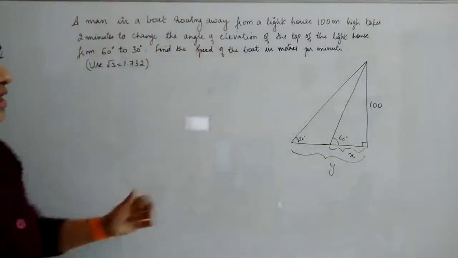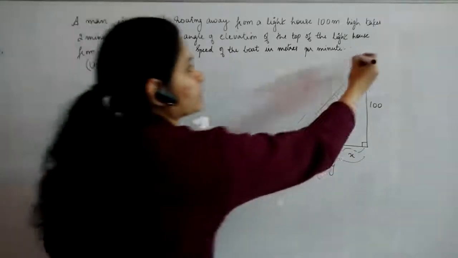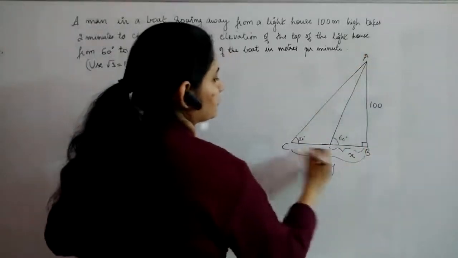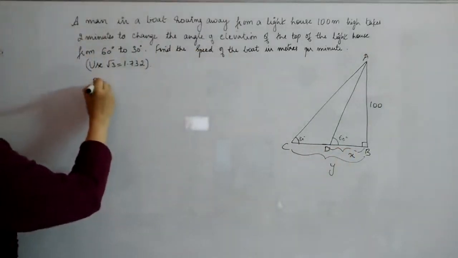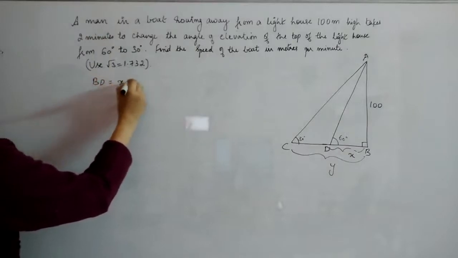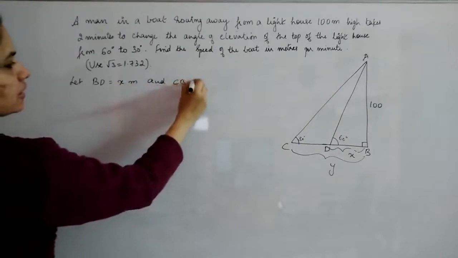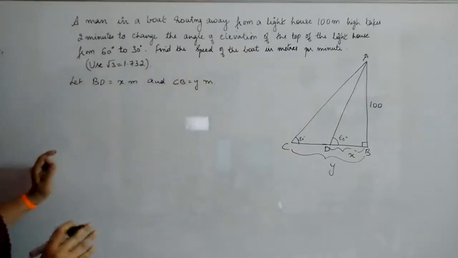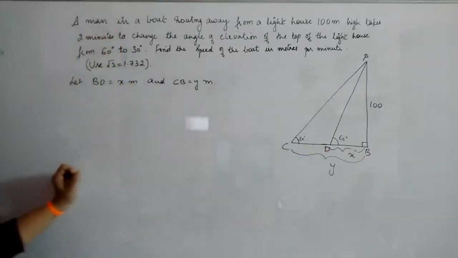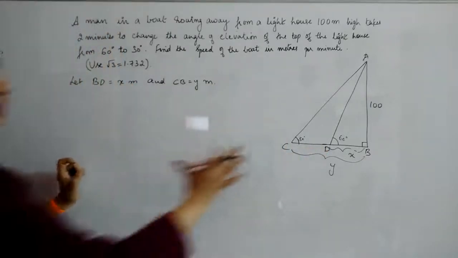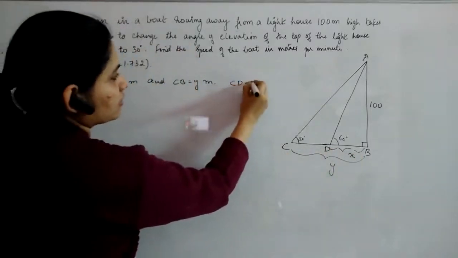Let this distance BD be x meters and CB be y meters, in the figure ABCD. The distance we need to find is CD, which is the total y minus x. So CD will be y minus x.